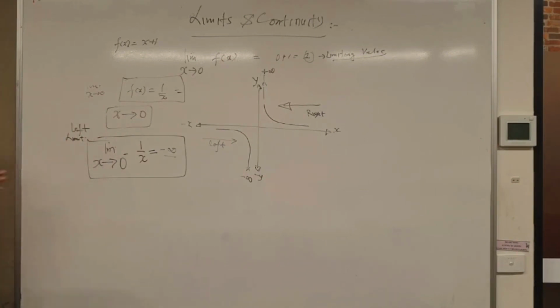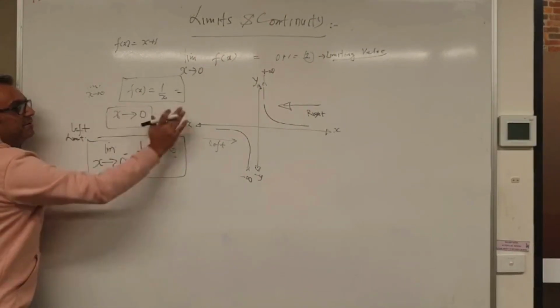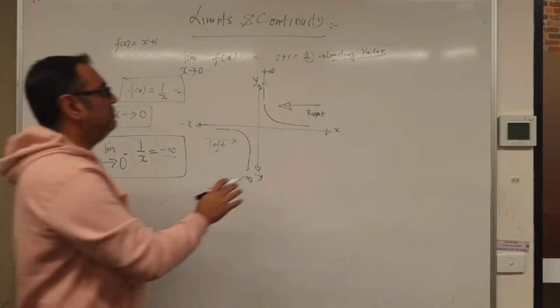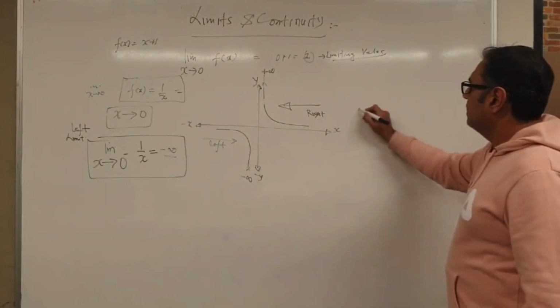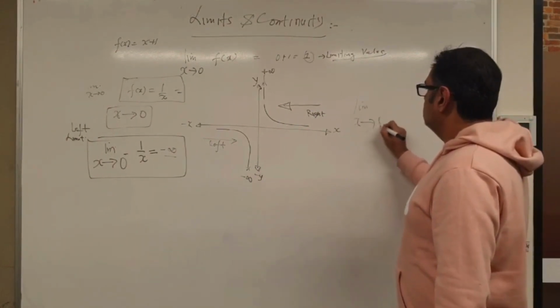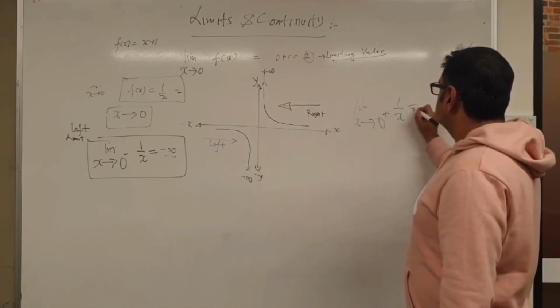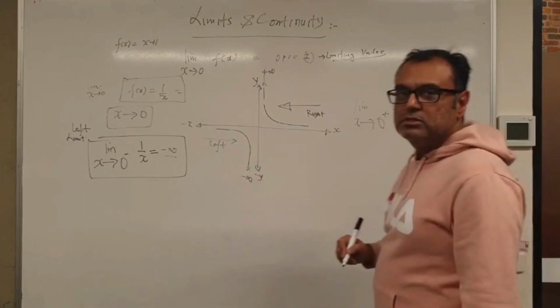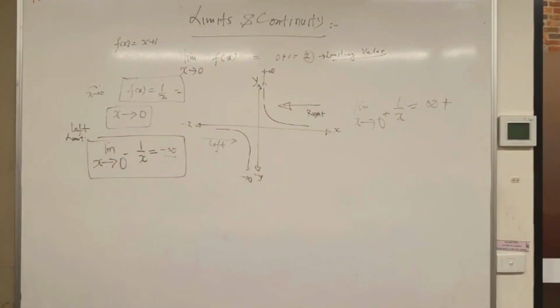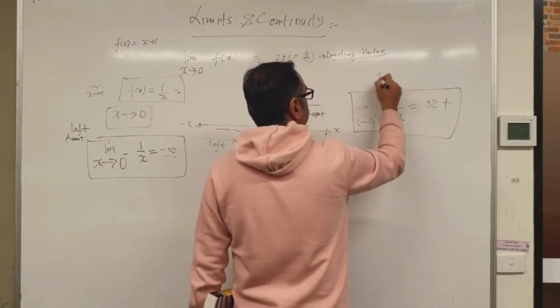The left limit is when you approach your limiting number from the left. And obviously what's happening here? Limit x tends to 0 from the positive side, 1 over x tends to positive infinity. Does that make sense? Yeah, 100%. This is the right limit.